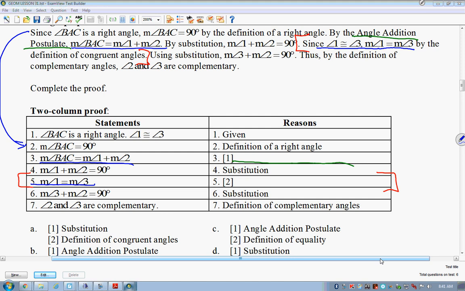I just need to know what the reason or the justification listed in that sentence is. And it's stated in the sentence. We're not trying to make anything up. We're not trying to read between any lines. It's just what part of that sentence is my reason. What part of it is not underlined yet? Boom, there it is. Definition of congruent angles is my reason.